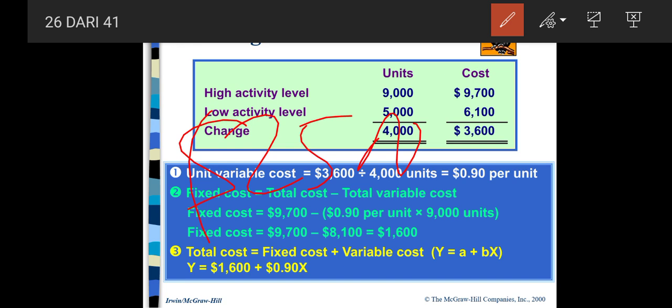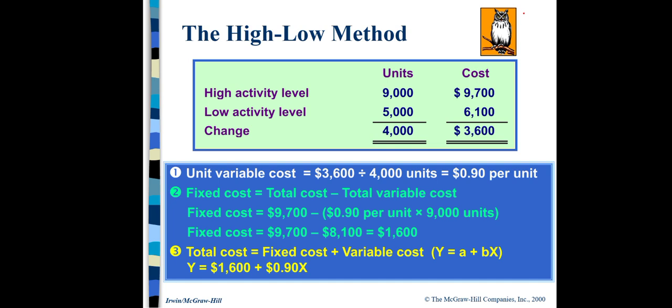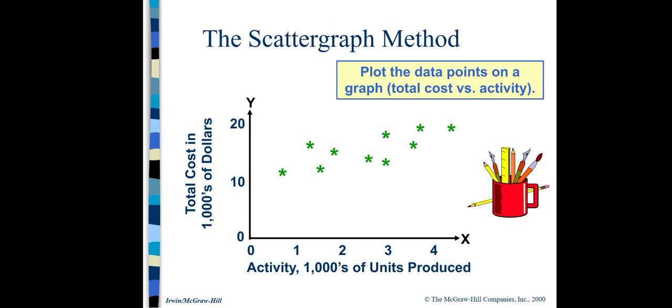Nah, itu adalah total costnya. Jadi kita harus cari dulu dengan menggunakan high-low ini, kita bisa tahu berapa unit variable costnya, berapa total fixed costnya, untuk bisa dimasukkan ke dalam rumus, sehingga kita bisa menghitung total costnya berapa. Ya, itu ya.